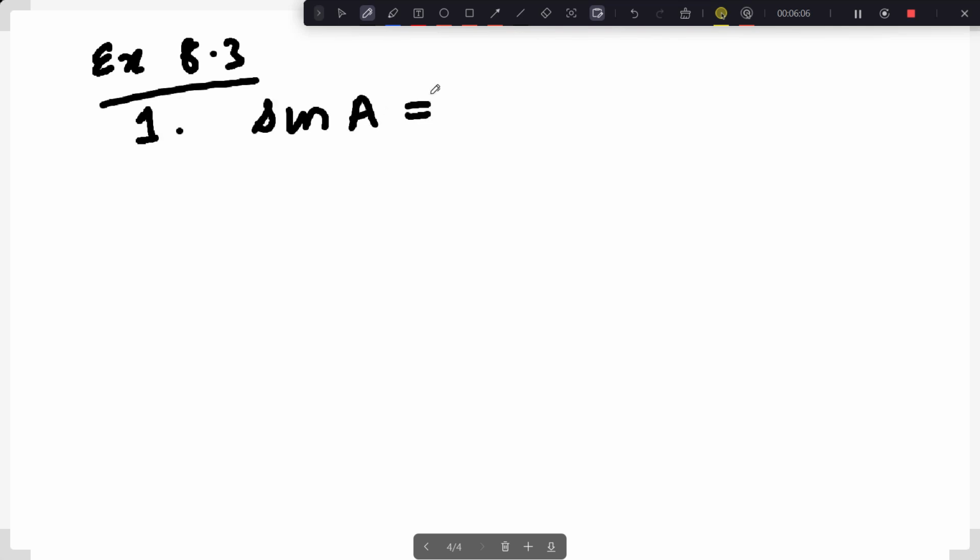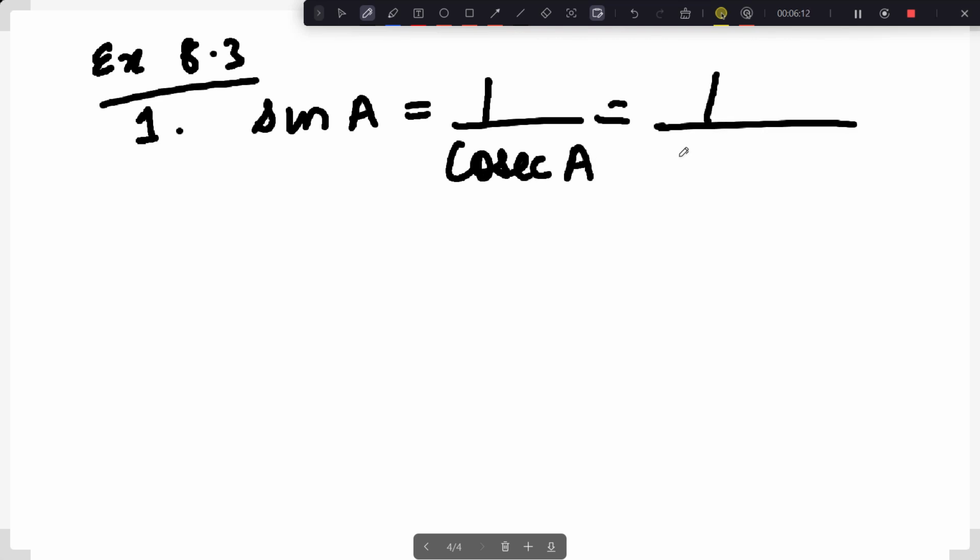Okay, so let's move back to exercise 8.3. Question number 1. Sin A, express this in terms of cot A. So what is sin A? 1 by cosec A. What is 1 by cosec A? 1 by root of 1 plus cot square A, right?